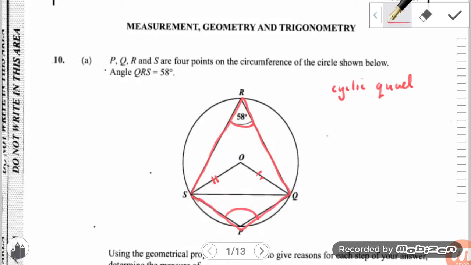One of the properties governing the isosceles triangle is that the angles at the base of the triangle are equal, of equal measurement.